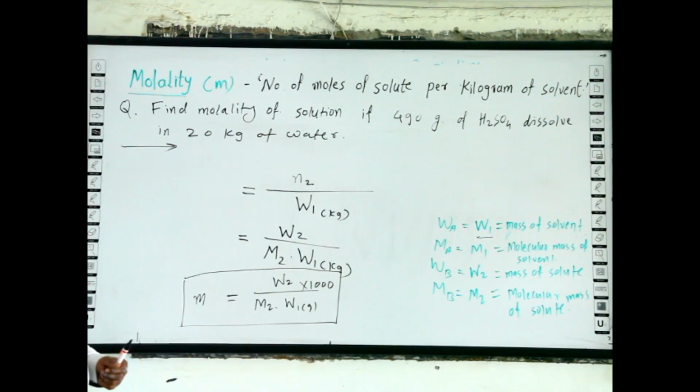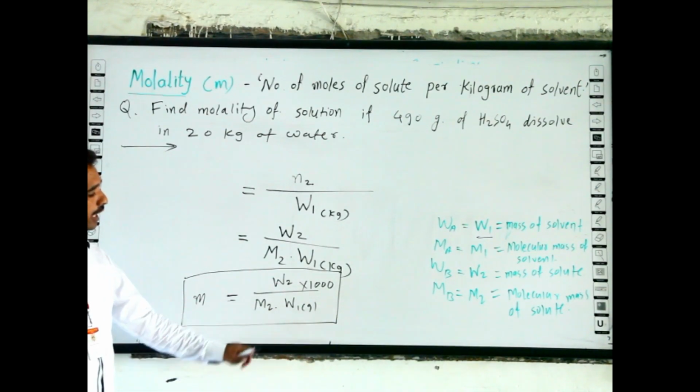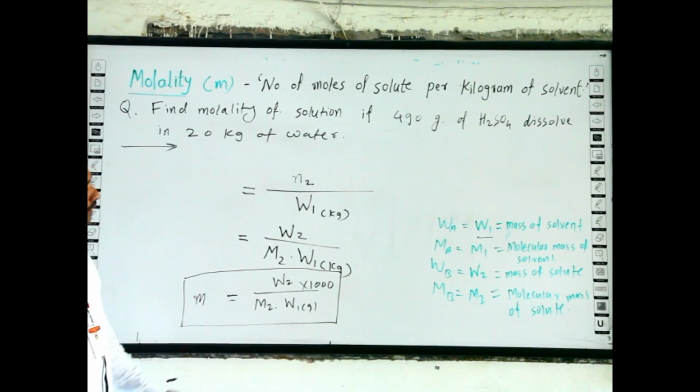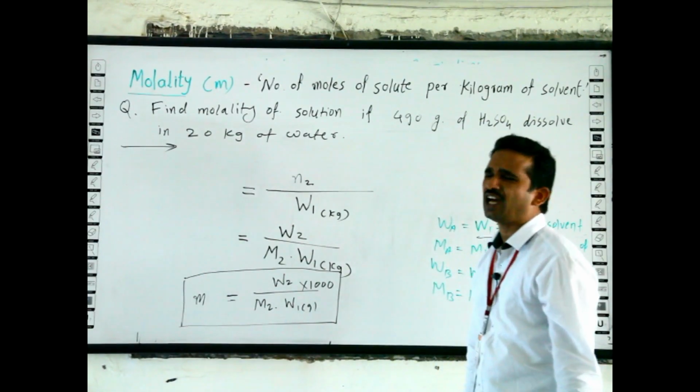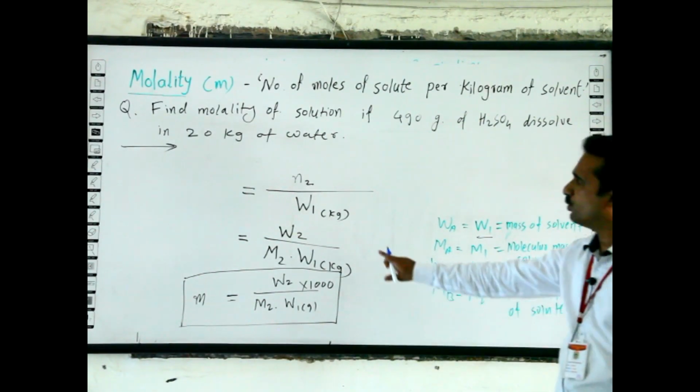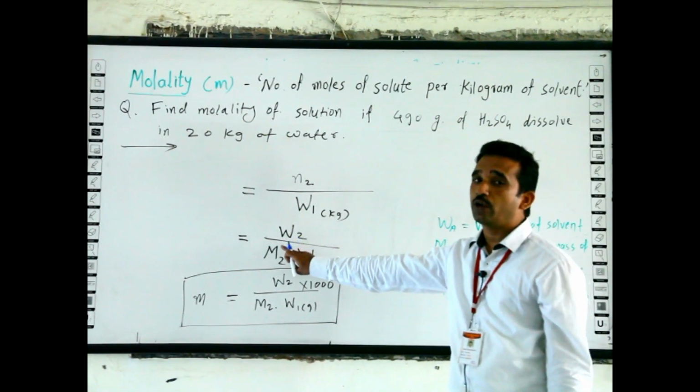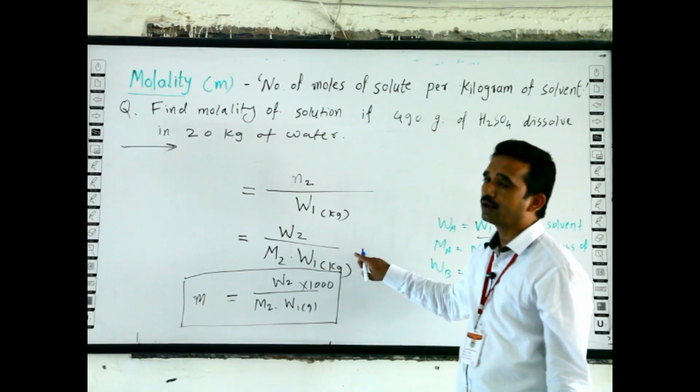Here we will write the formula. M equals W2 into 1000 divided by M2 into W1, but the value of solvent is given in kilogram, so we will write the second formula, that is W2 divided by M2 into W1.